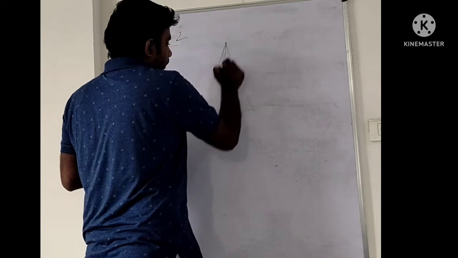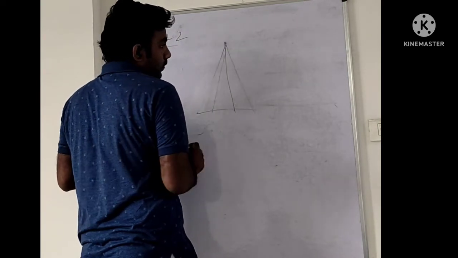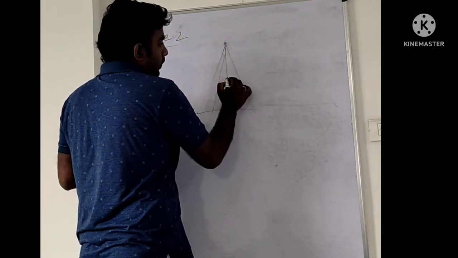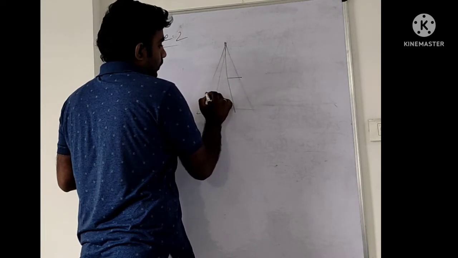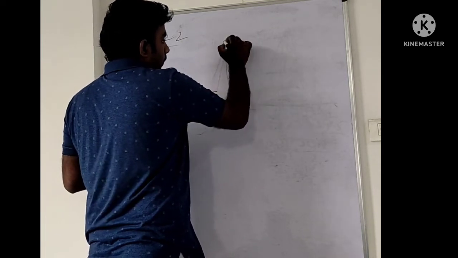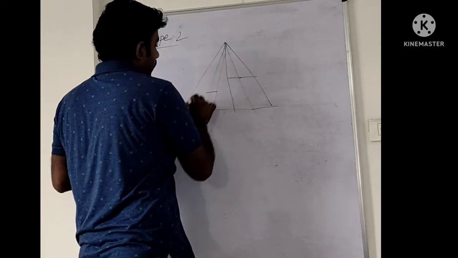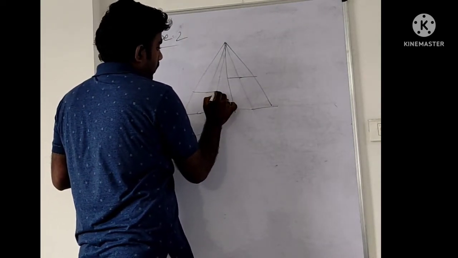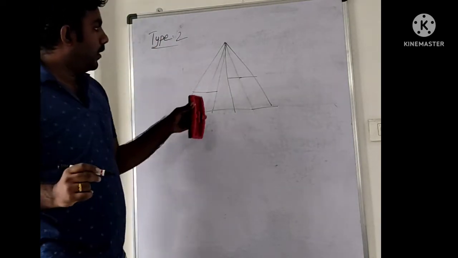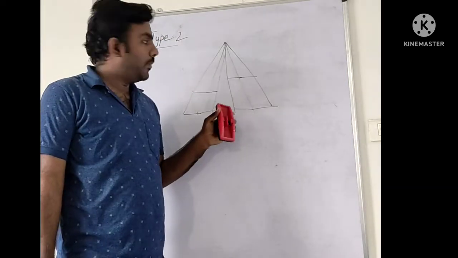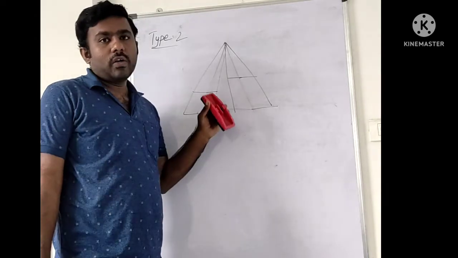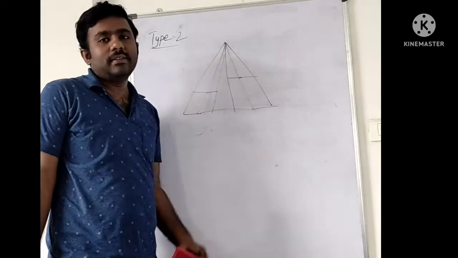Suppose this type of diagram, this is the advanced one. Here, how many triangles are there?